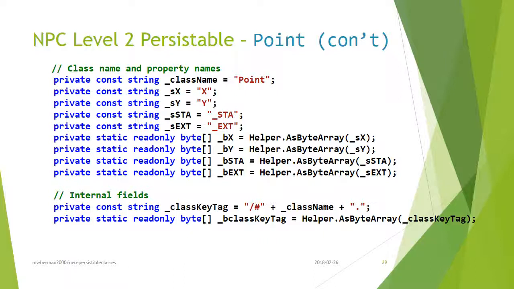So NPC, the Neo Persistable class framework, supports the idea of extension of the fields that are in your entity. And so that's kind of a cool thing. We won't talk about that too much today, but you'll see little artifacts like that underscore EXT part of the key.